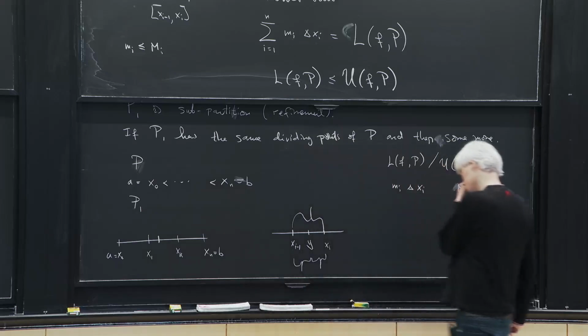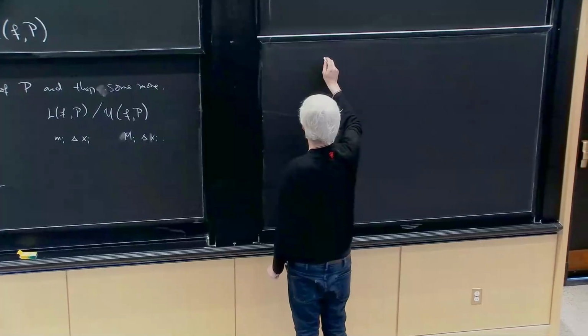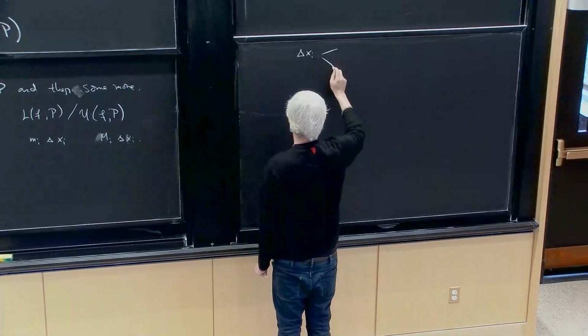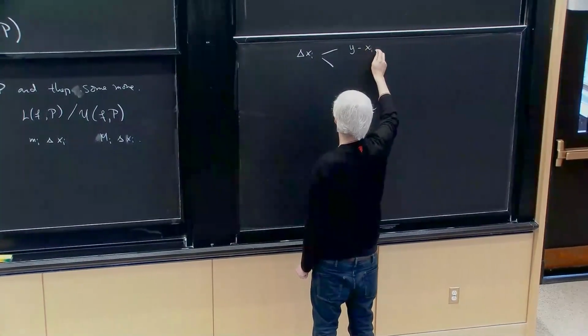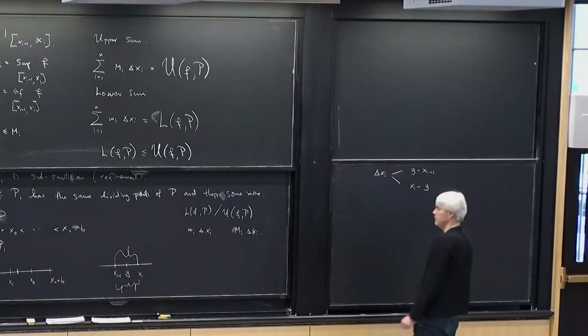So this thing is, in this case, split into two: one of them is y minus x_{i-1}, and the other is x_i minus y.